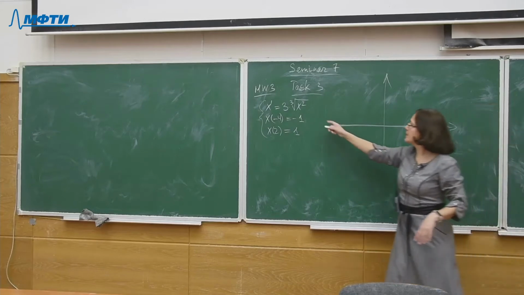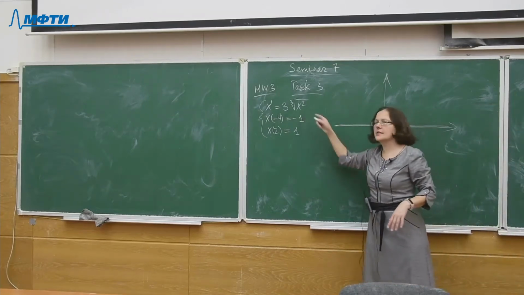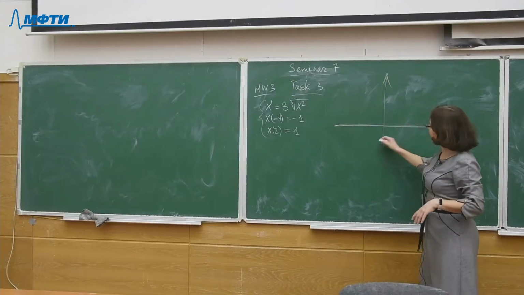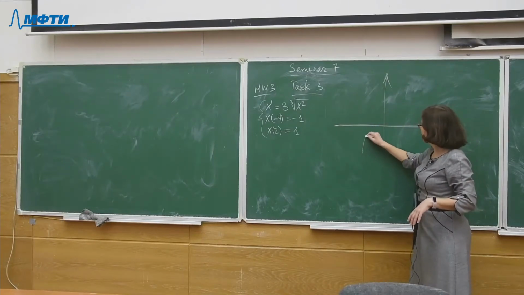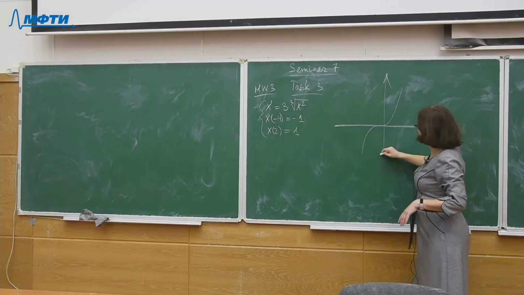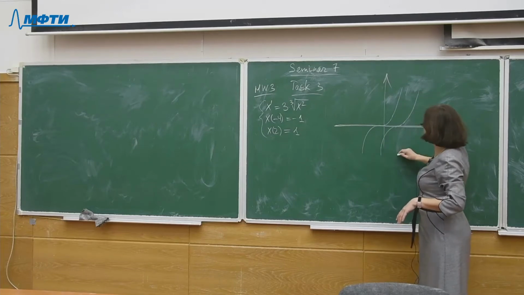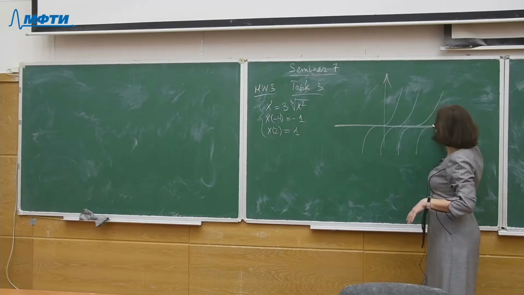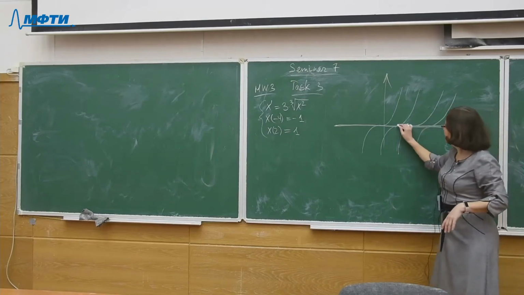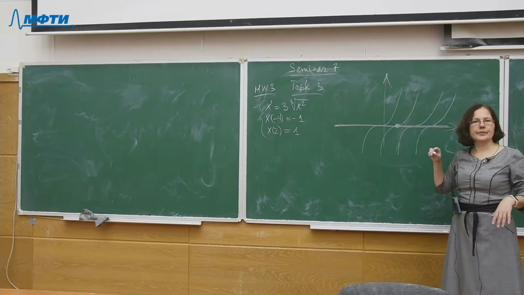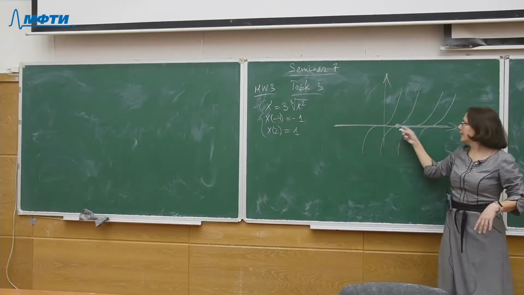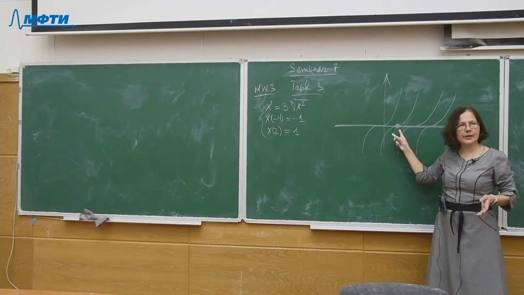If we solve this differential equation, it can be easily solved because the variables are separated. The answers will be given by cubic parabolas, as I remember. But the solutions are not unique. If we fix, for example, this point and consider all the solutions of this equation passing through this point, we will get the following.